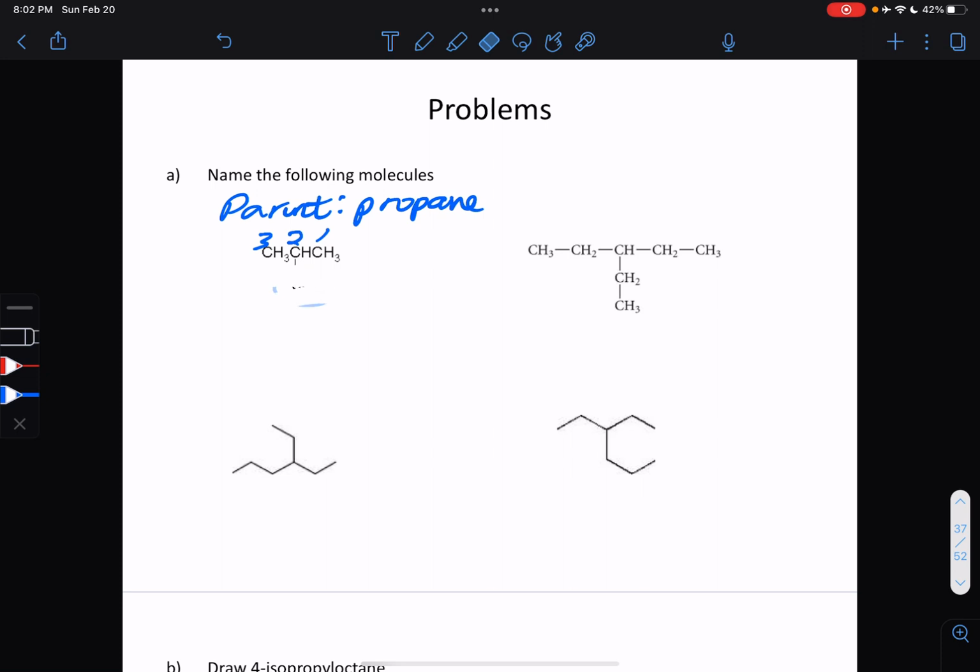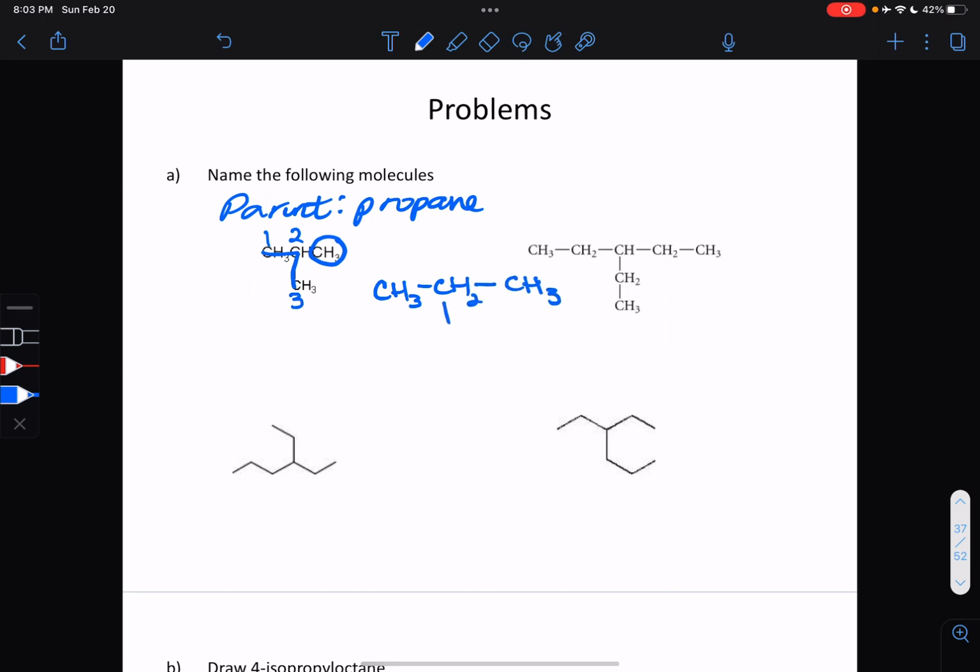Okay, so that didn't really change things there. What about if we numbered 1, 2, 3? Well, this looks a little bit different to most students, but this is again the same exact thing because there's your parent chain right there, and you've got this CH3 unit hanging off of which carbon? Carbon number 2.